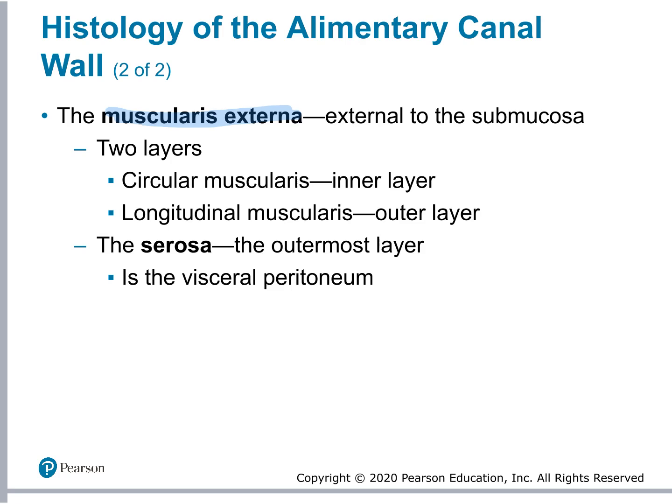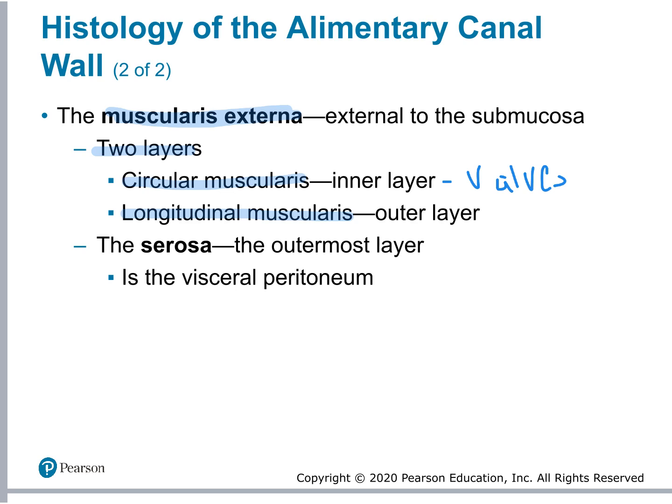Most of the time in the alimentary canal, there's only two layers of muscles in muscularis externa. There's an inner layer called the circular muscle, and then an outer layer that is the longitudinal muscle. I'm going to write a couple of things down about those. The inner circular muscles, they form valves. They're the ones that form sphincters.